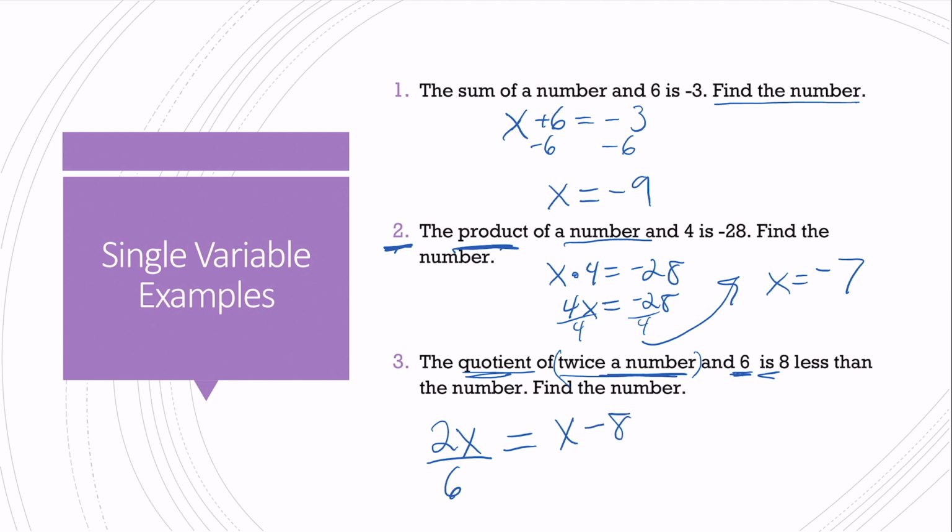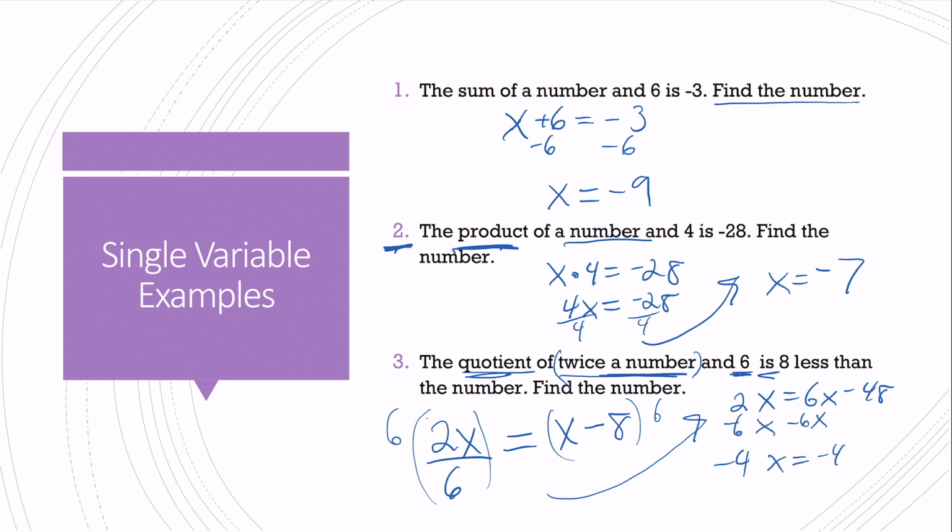In order to solve this, I'm first going to multiply both sides by 6 in order to get rid of the denominator. This would give me, and I'm sorry there's not a ton of room, 2x equals 6x minus 48. I combine like terms. I get negative 4x is negative 48, so x is going to be 12.